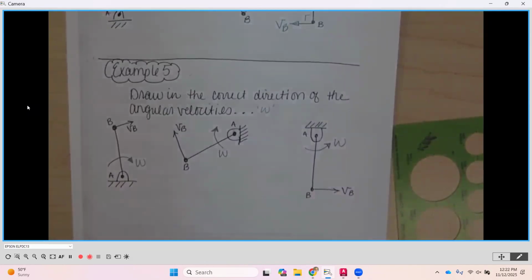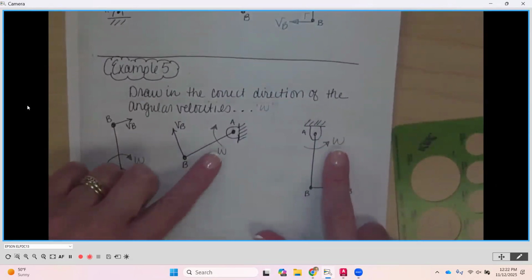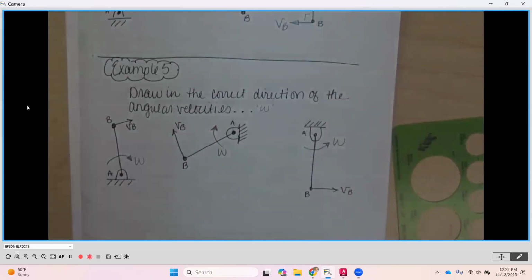All right. Is that W? So the question was, is that WA? No, remember, point A is not moving. It's considered a fixed position. It would be W of whatever the link number would be.